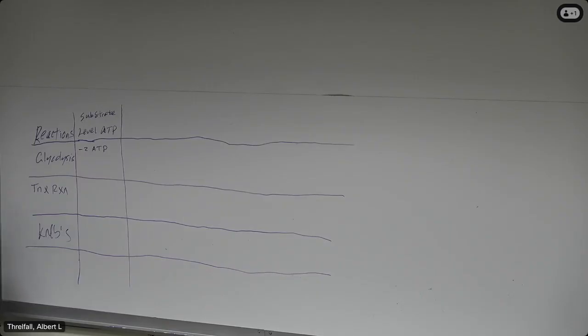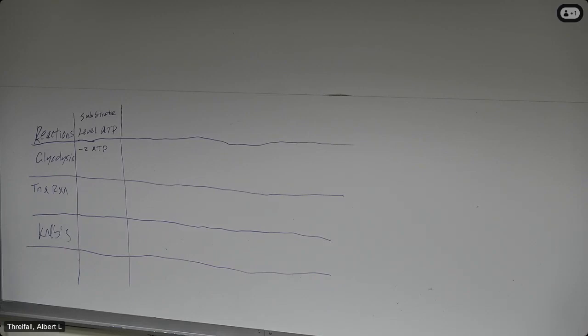Okay, so right here, you see this. 2 ADP phosphorylated into 2 ATP. So that's a total of 4, correct?